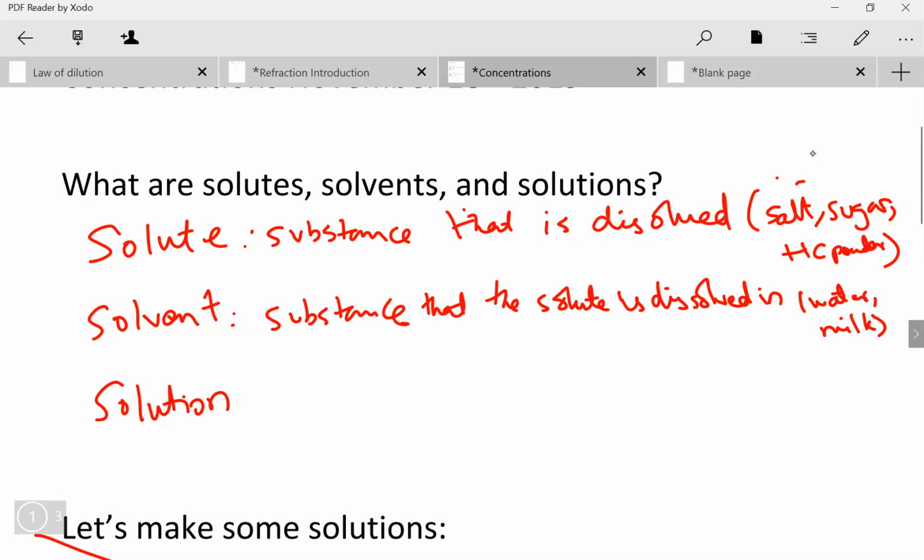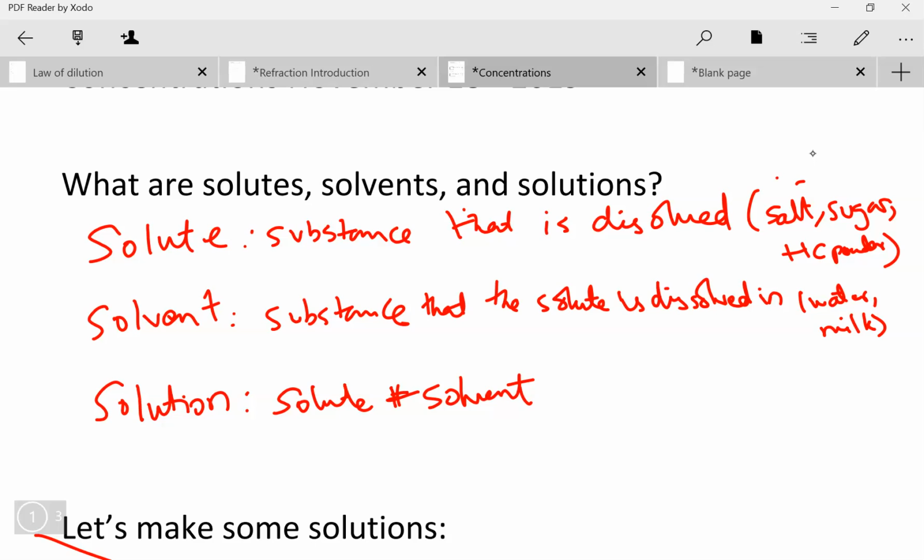So solute is the substance that is dissolved, and solvent is the substance that is doing the dissolving of the solute. And your solution is basically what you get when you have a solute plus a solvent. So when you put those two together, you essentially have a solution.